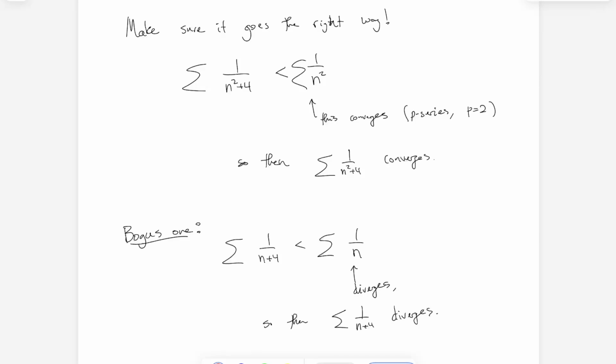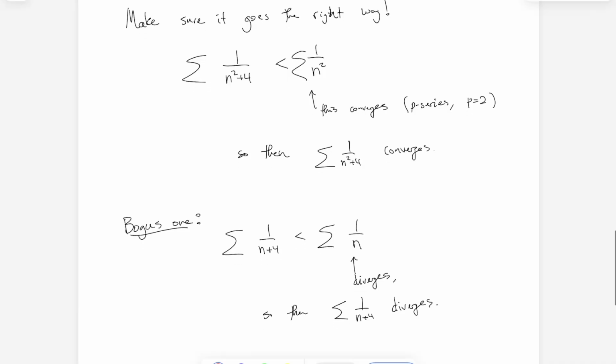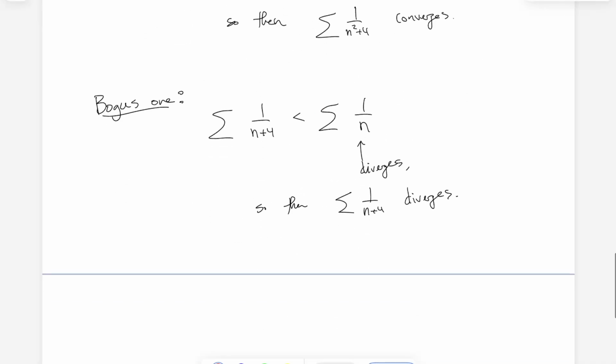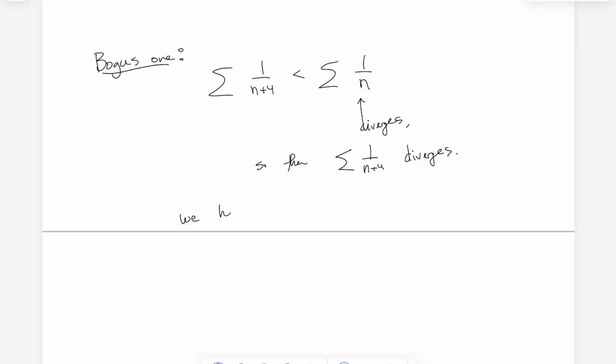Now it's actually a fact. This one really does diverge, but it's not for these reasons. You have to do a little bit more work to actually show that. So here I did it the wrong way around. The problem here was we had the bigger one diverges, but that won't imply that the smaller diverges, right?